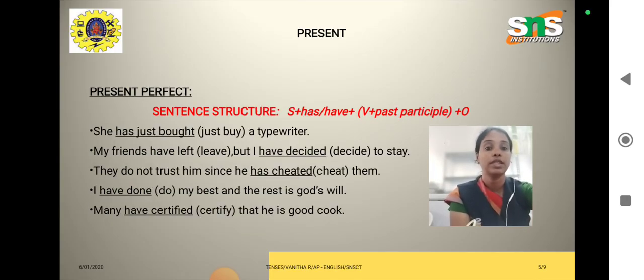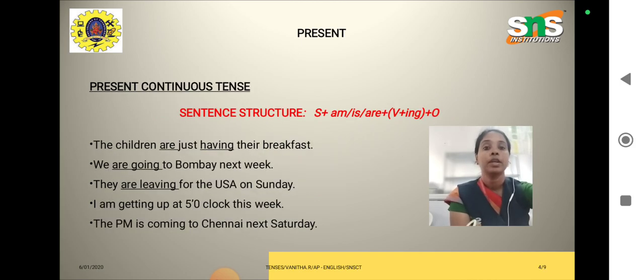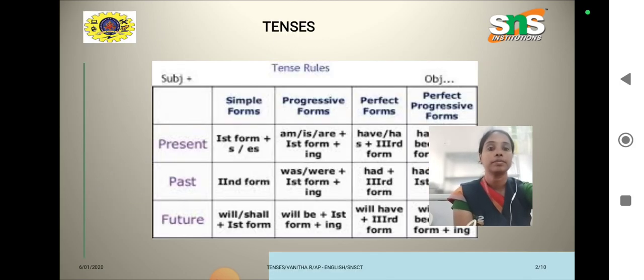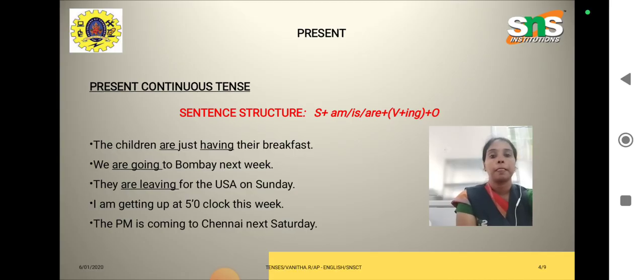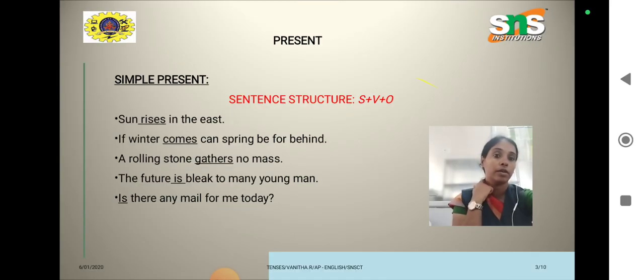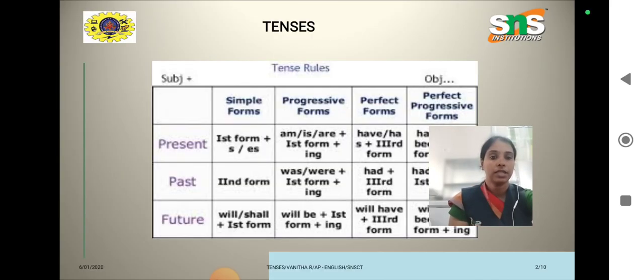Then coming to the next, past continuous.